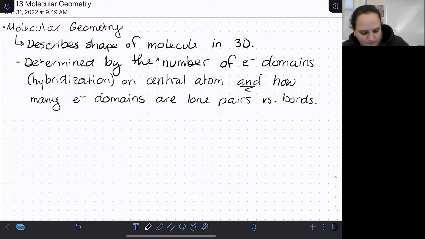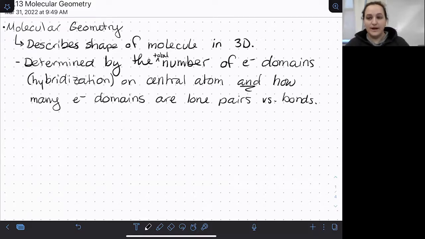So the total number matters, and then how many of that total is lone pairs and bonds matters as well. So we know how to determine the number of electron domains. We label that total number of electron domains as the hybridization of the central atom. So that's step 1 in the process.